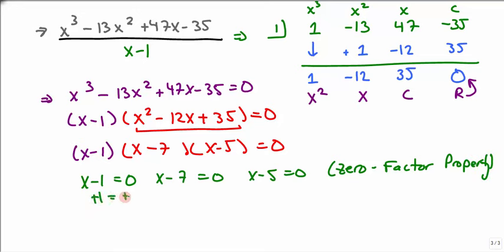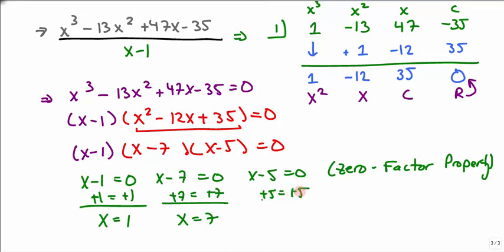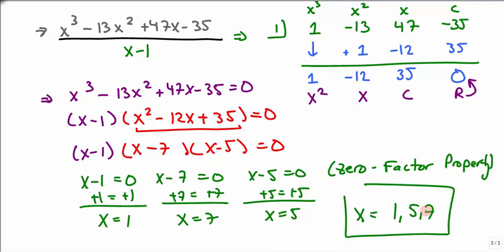So here, to solve, I'd add 1 and I'd get x equals 1. Add 7, x equals 7. Add 5, and I'd have x equals 5. So my solutions then, by working this by hand, would be 1, 5, and 7 in order from smallest to largest.